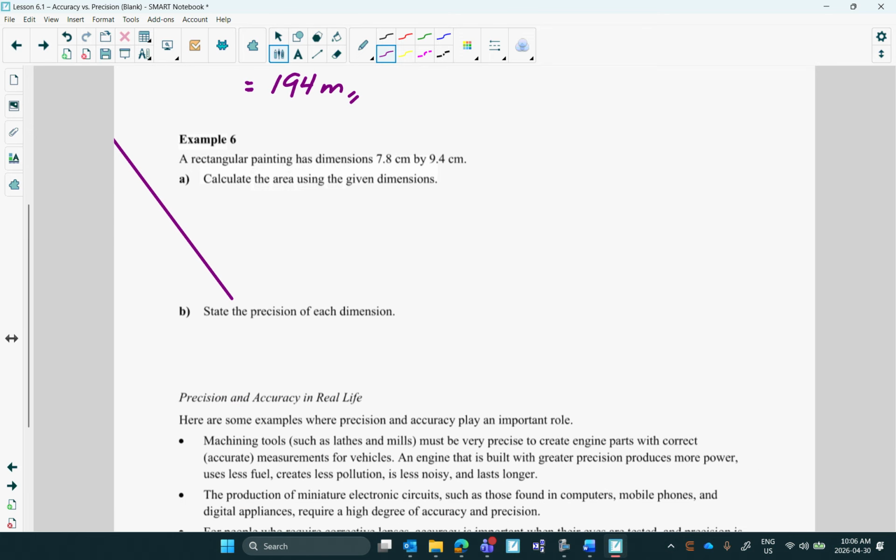How about this one? Actually, let's do B first, to stay consistent. A rectangular painting has dimensions 7.8 centimeters by 9.4 centimeters. How precise are these measurements? Nearest 1/10.